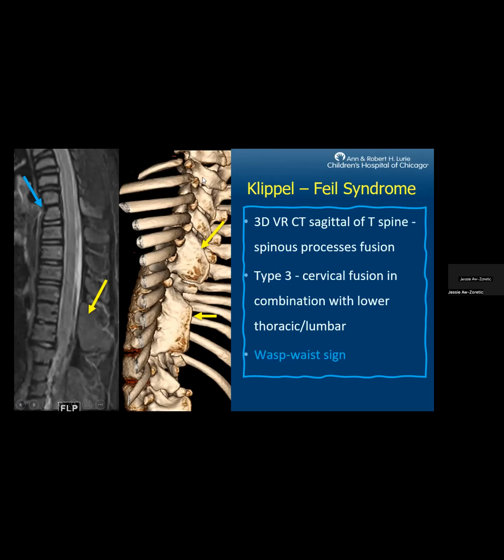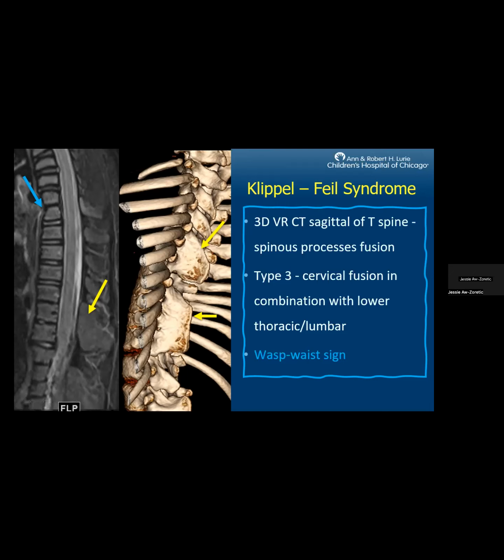And here's a beautiful 3D volume-rendered sagittal CT of the T-spine. You can see the posterior spinous processes are severely fused. Again, you can see that segmentation anomaly involving the thoracic spine, with the typical wasted appearance of the vertebral body.